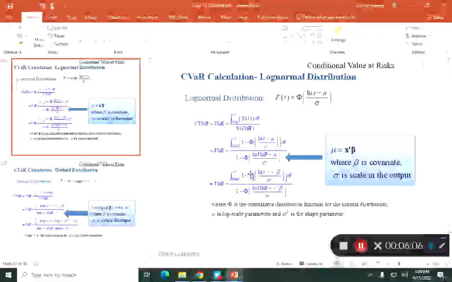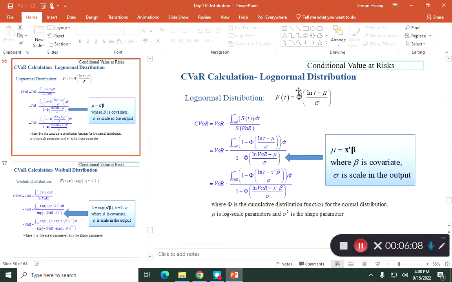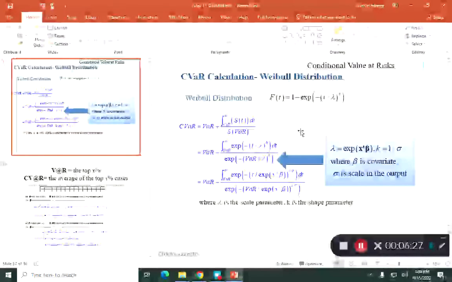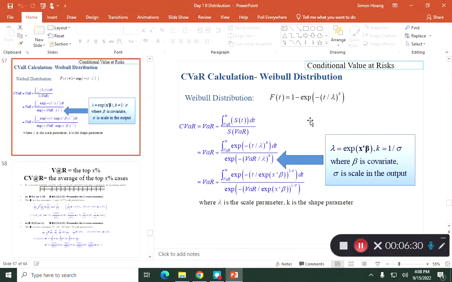But here, I'm just saying that if you do log normal distribution, you find your FT, right? You still need to turn them into this equation. And this can be done easily using Excel. The ugly part is the integration part. Weibull, same thing. Special case of Weibull is what?